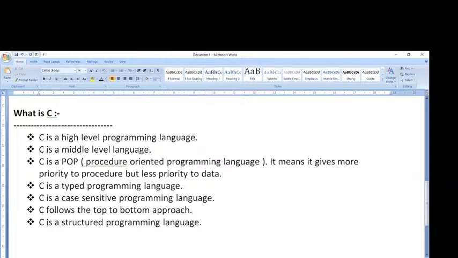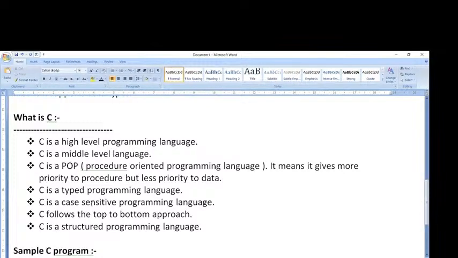Sir, can you explain the last second point, the top down approach? Yes. Whenever you write a program, it will be executed from top to bottom. The first line will be executed first, then the second line, then the third line, then the fourth line, then the fifth line. So it follows the top to bottom approach.